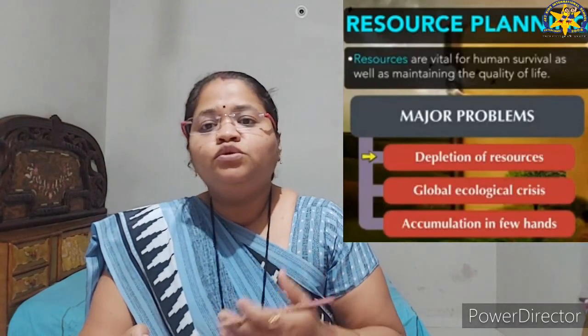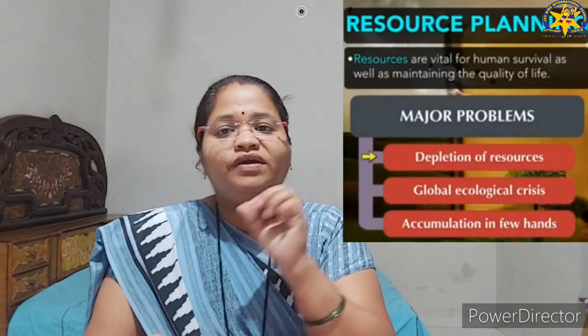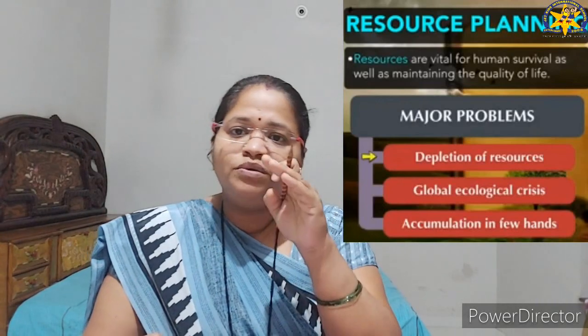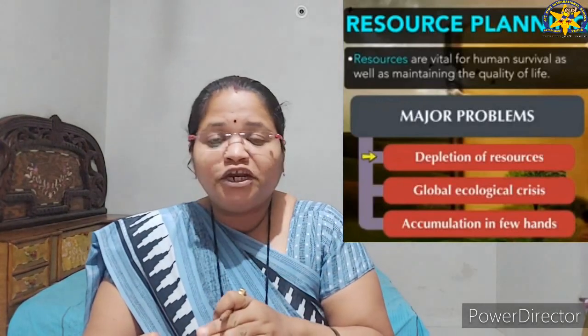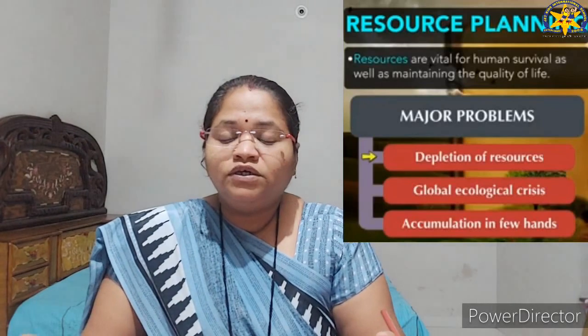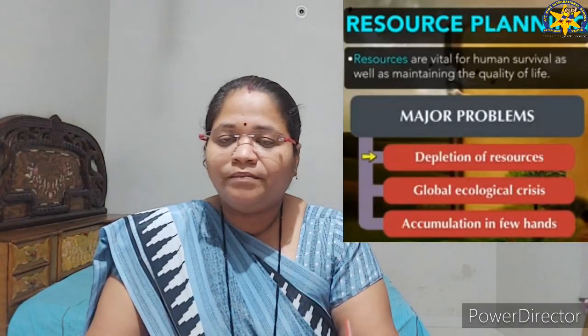If people use it according to their greed, we will face the problem of depletion, meaning the percentage of resources will decrease. Even renewable resources, when you don't give proper time to renew, can we use them? No, we can't. So resources also have to be used in a very sustainable way.